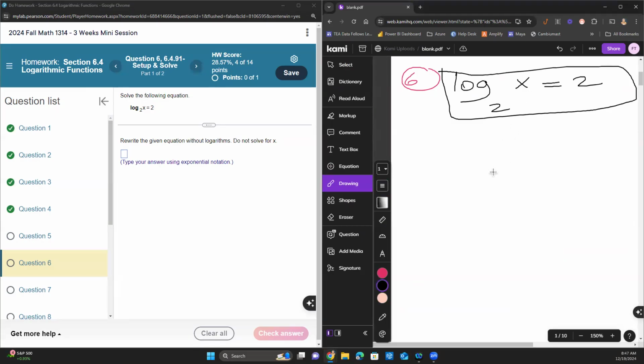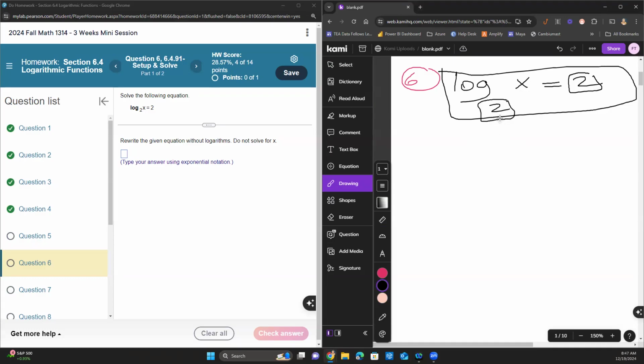Logarithmic equations and exponential equations, you can easily convert them to each other. So what this means is, I have a number 2, and I will raise it to the power of 2, and then that number will be here.